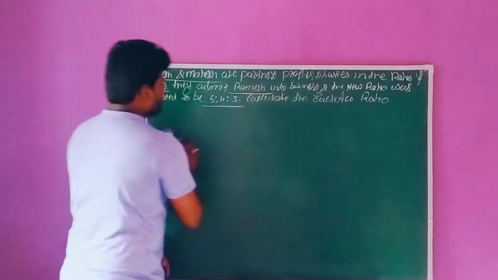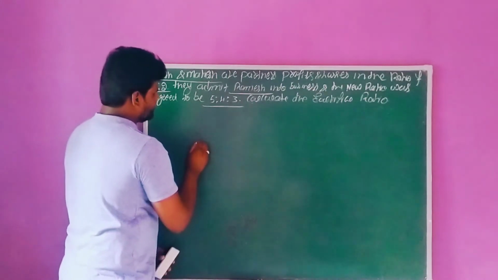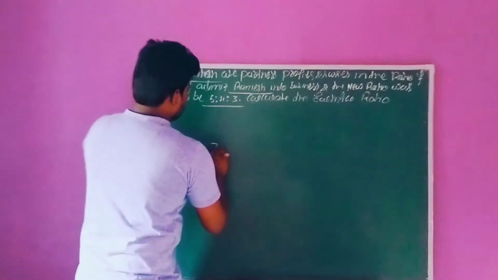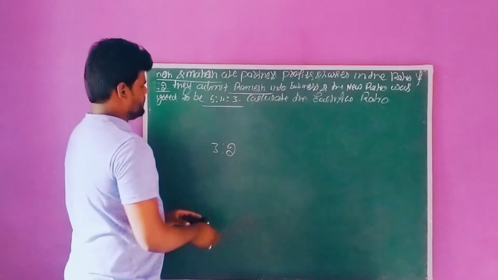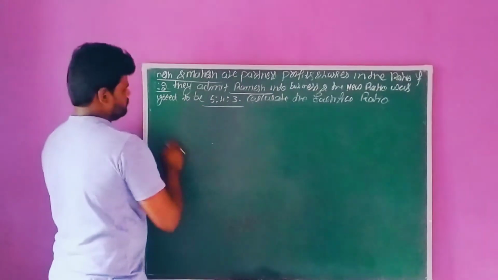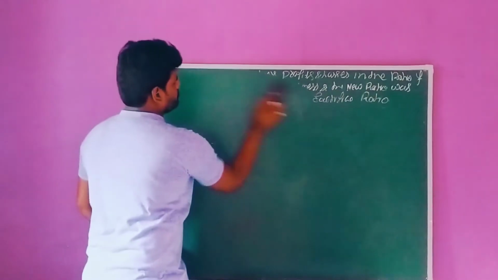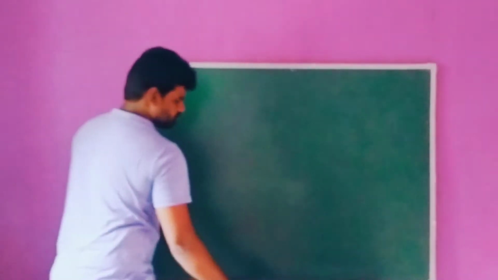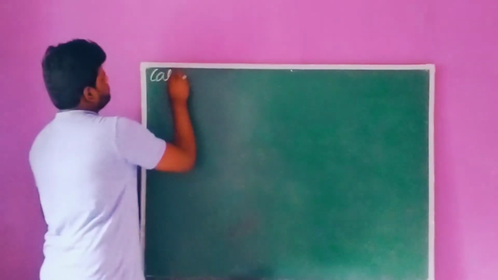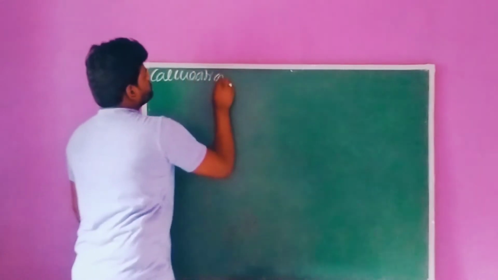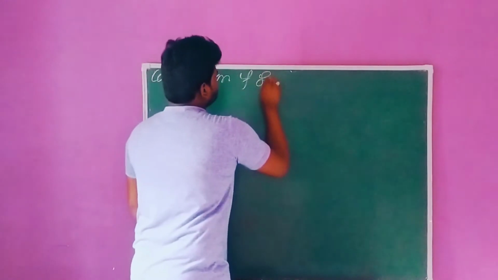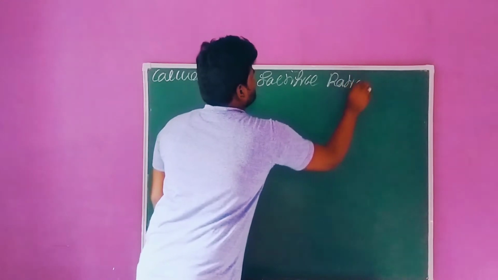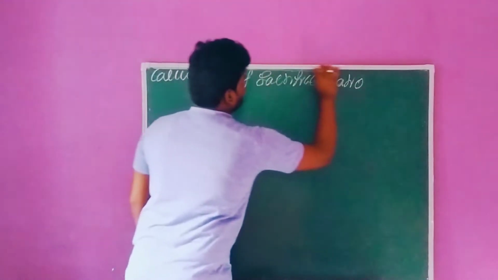As per the given information, the old ratio is available, right? 3:2, this is the old profit sharing ratio. The headline is Calculation of Sacrifice Ratio.